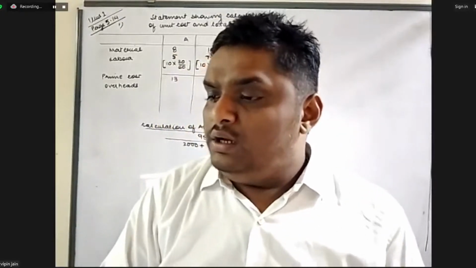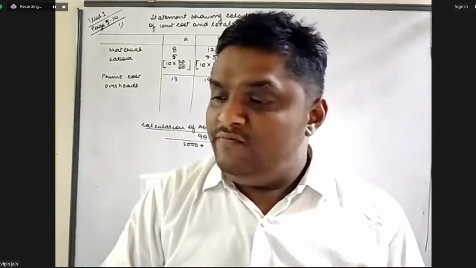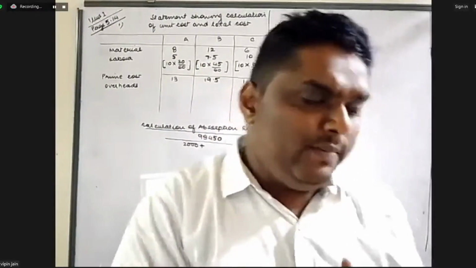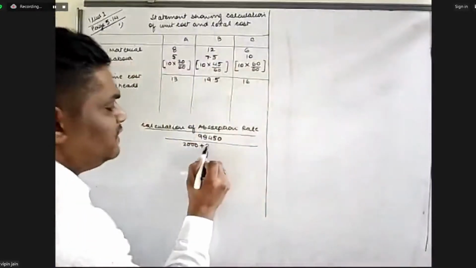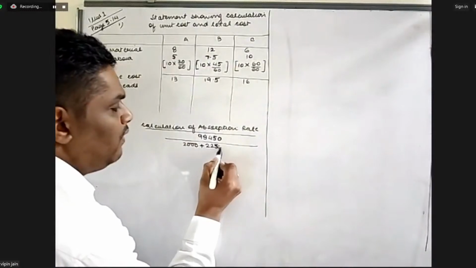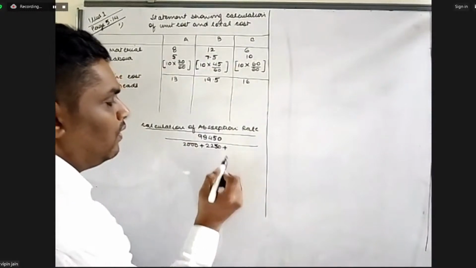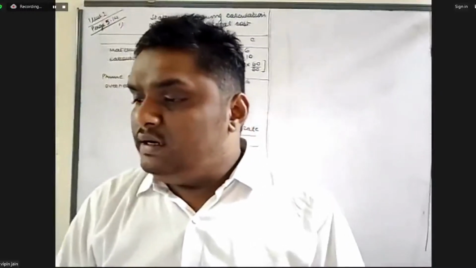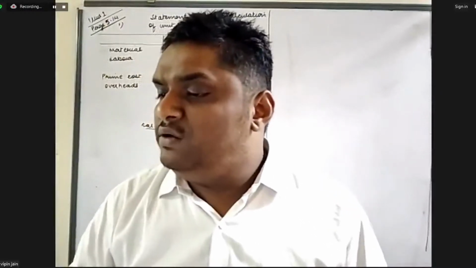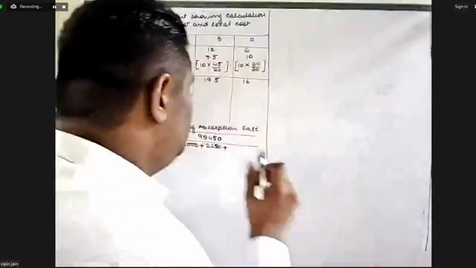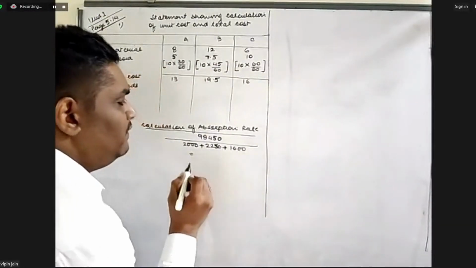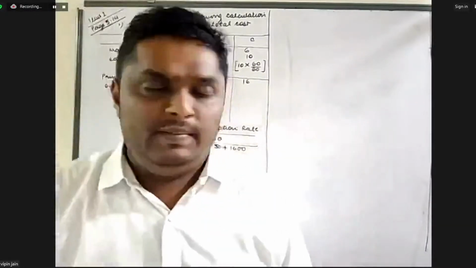Now when talking about product B, total 3,000 units are manufactured and every unit requires 45 minutes. If we divide it by 60, we will get 2250 hours for product B. And for product C, 1,600 units are manufactured and every unit requires 60 minutes. So 1,600 hours. This is how we will get the absorption rate.